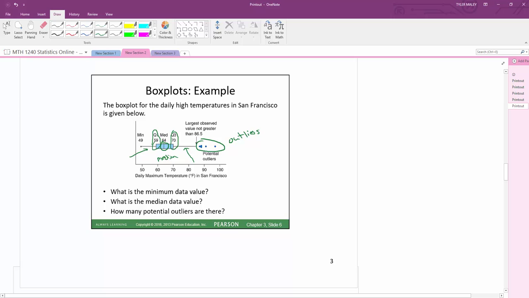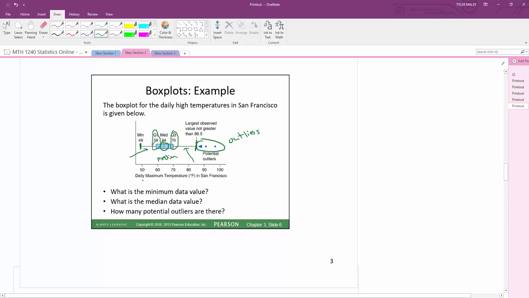Where this whisker ends, this is the minimum, or the lower fence. And here, this would be the upper fence. So where the min and max are shown. We're not always going to draw the whisker to the absolute min or the absolute max if they are considered outliers. So we're going to go to that fence, essentially.